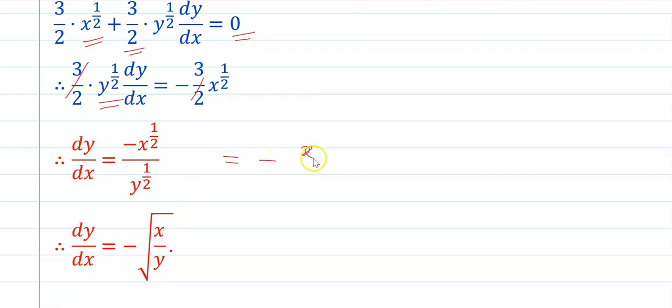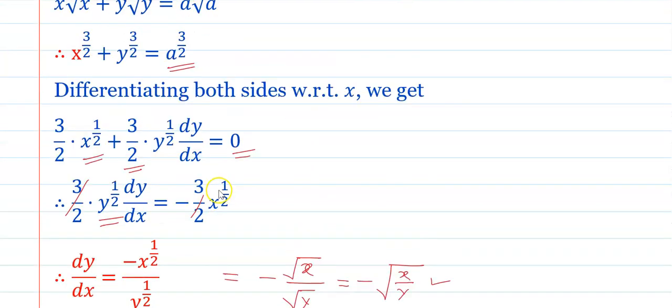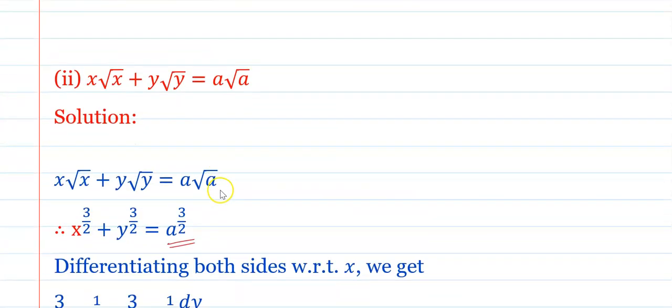What is here? X raised to 1 upon 2 means root x, and y raised to 1 upon 2 means root of y, and overall you will get minus root of x upon root of y. This is the dy by dx, and hence dy by dx is equal to minus root of x upon root of y. Now you can see here.